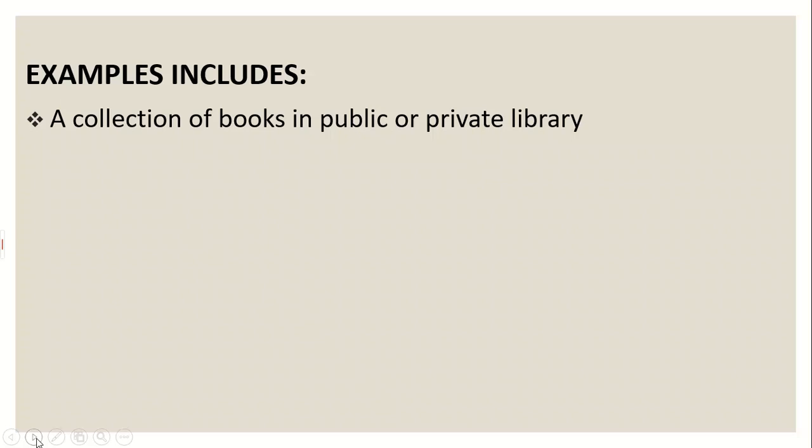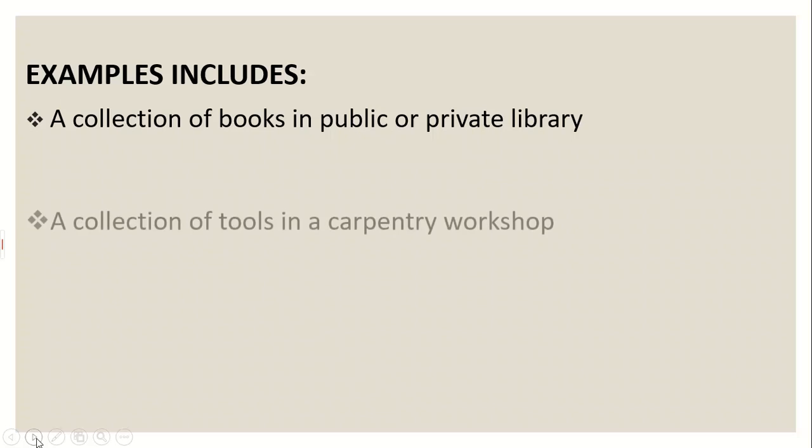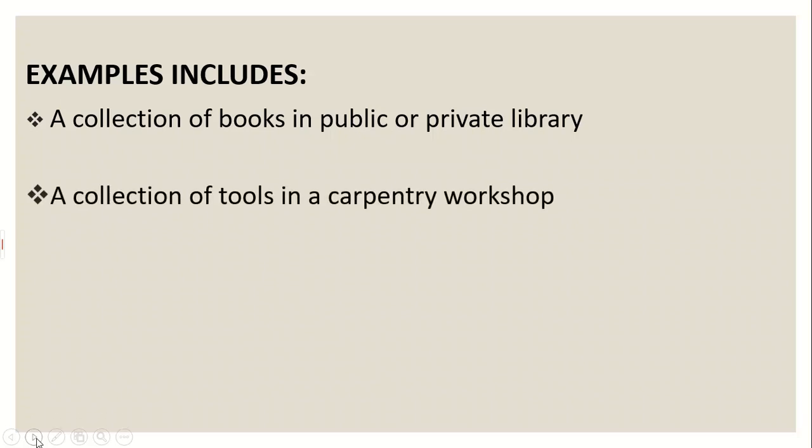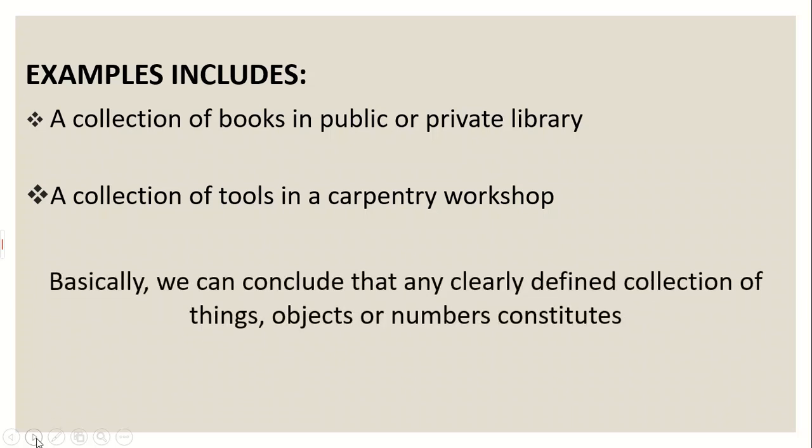Then we have a collection of tools in a carpentry workshop. The different kinds of tools we use there are also called a set. So basically, we can conclude that any clearly defined collection of things, objects, or numbers constitutes a set. Take note of that.